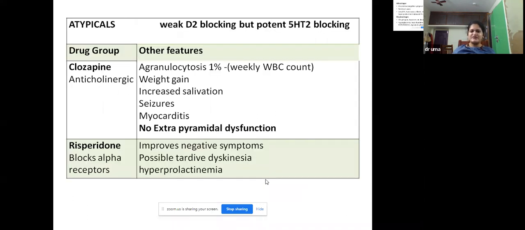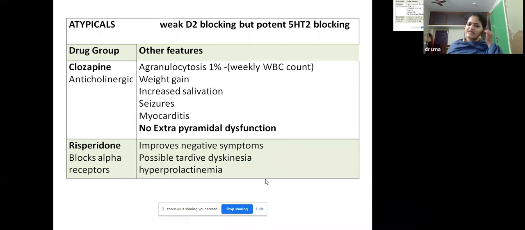So atypicals are weak D2 blockers but potent serotonin blockers. Clozapine has an anticholinergic effect, but it produces increased salivation. Usually anticholinergics cause dryness of the mouth, but clozapine produces increased salivation, so it is called paradoxical hypersalivation.